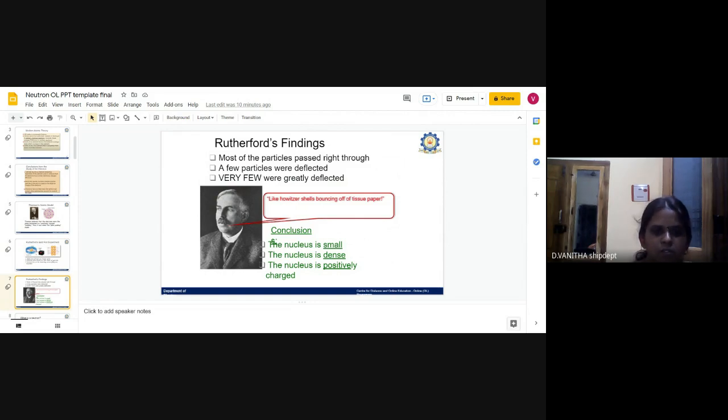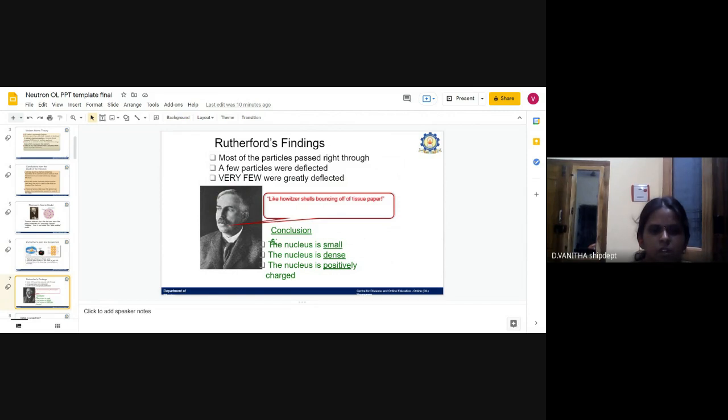From this, Rutherford came to the conclusion that the nucleus is small and dense, and the nucleus is positively charged.